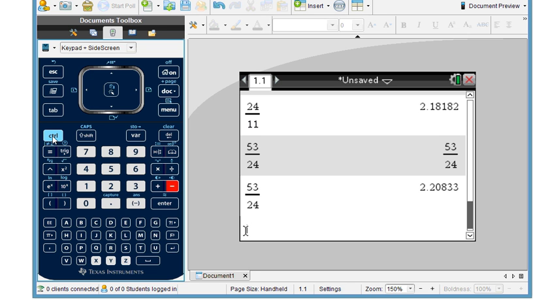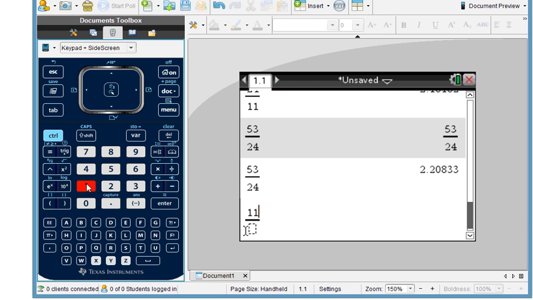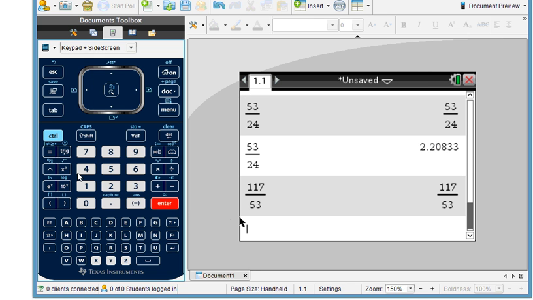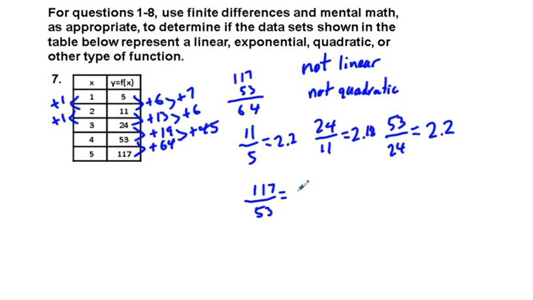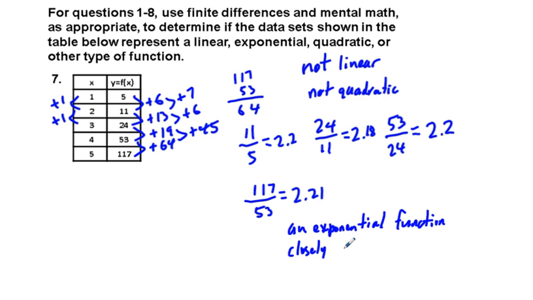So that's going to be 2.2. So very close, 2.21. So this one here is, we'd say, an exponential function, how do we say that? Closely models the data.